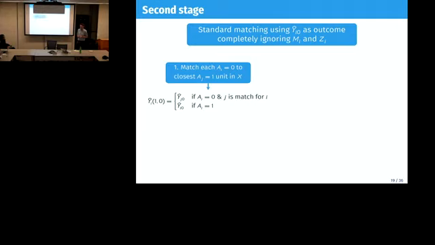What do I mean by that? I'm going to take each control unit and match it to the closest treated unit in terms of their values of x. Then I'll create an imputed value of y1,0, so treatment with m equals 0, which will either use my observed value or the imputation from the first stage for unit j in my match.